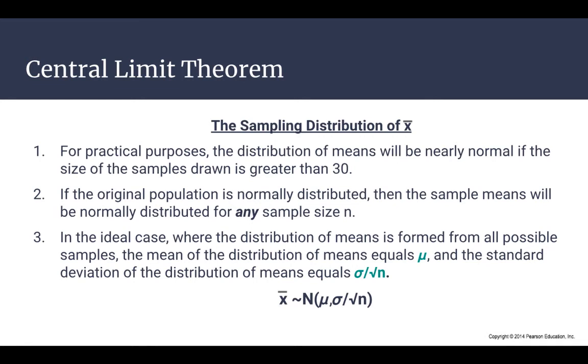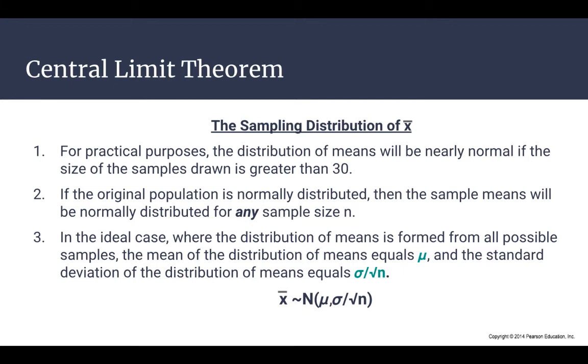If the original population is normally distributed, then the sample means will be normally distributed for any sample size n. That goes back to the image where we started out with a population that looked a little normal, a population that had even distribution, and a population that was skewed. But as you increased the sample size to a large sample size, all of them eventually became normally distributed.